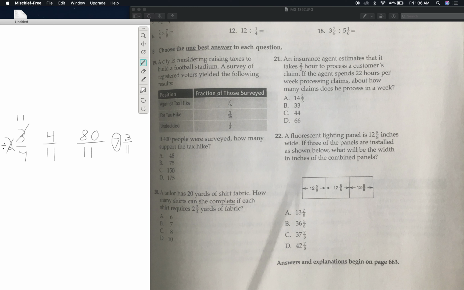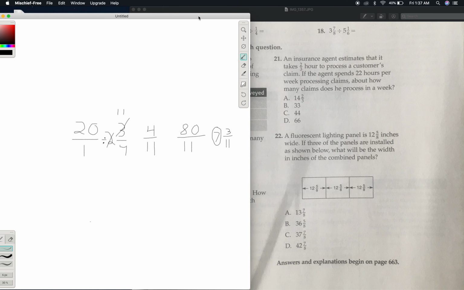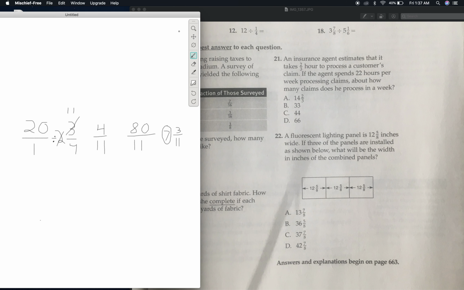And there would be this fabric left over, which is not enough to complete the shirt. If it was 11 over 11, then this number would have been 8, and we could have completed 8. But anything lower than 11 here will not cut it for a whole another shirt. All right.